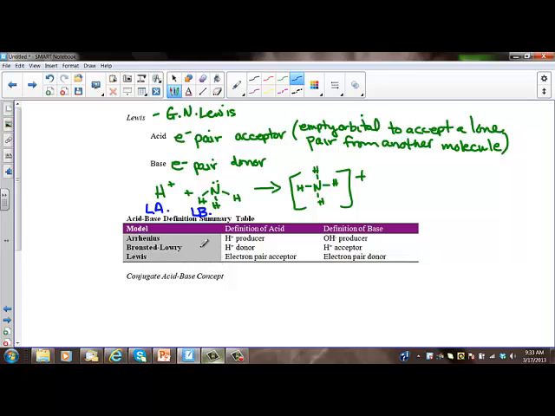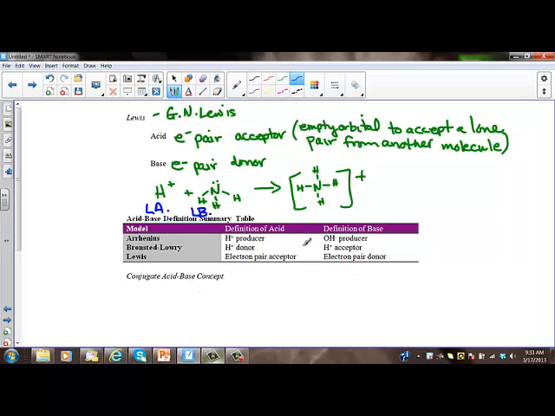Okay, so basically this table sums up the three theories: Arrhenius, H plus producer, OH minus producer; Bronsted-Lowry, acid H donor, base H acceptor; Lewis acid, electron pair acceptor, base, electron pair donor.